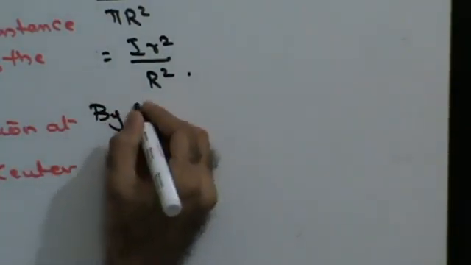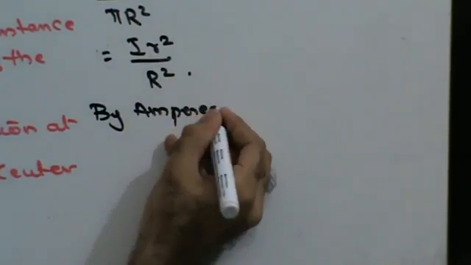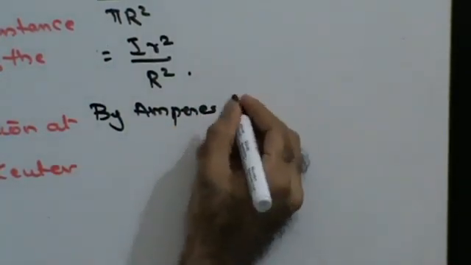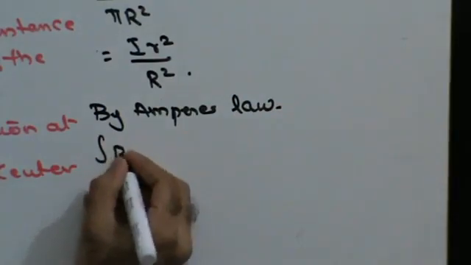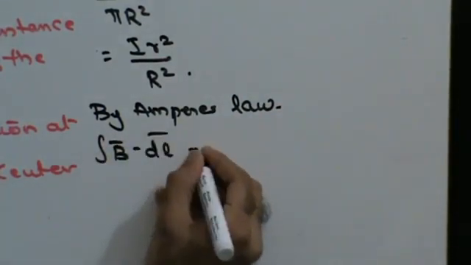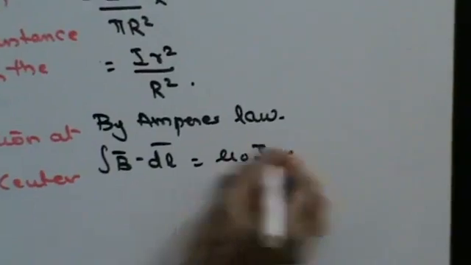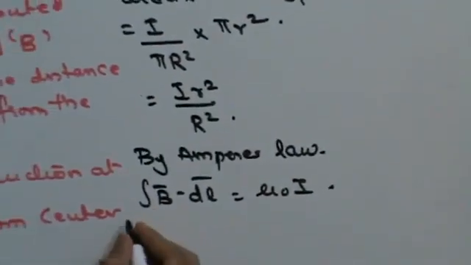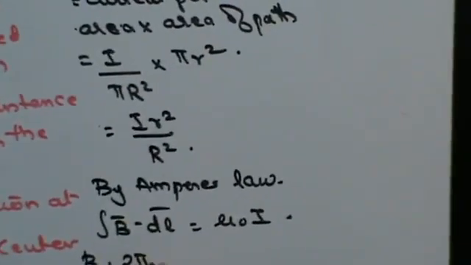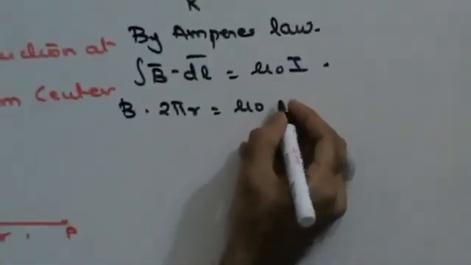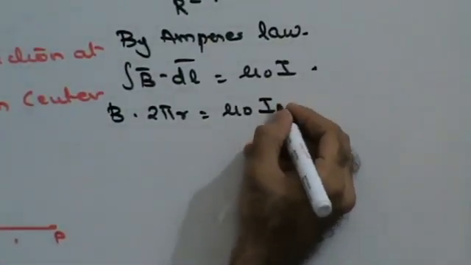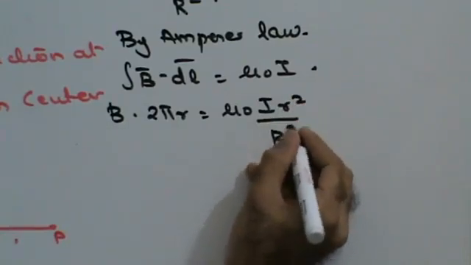By Ampere's law, I can say the line integral is nothing but mu 0 I. The line integral you just found out is B into 2 pi r, and the current you just found out is I r square upon R square.